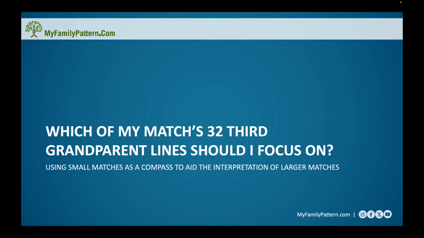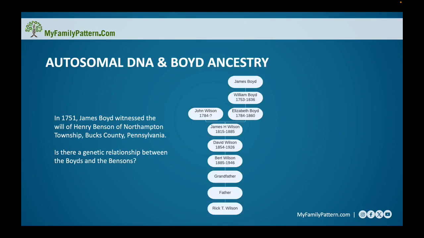So in my research, I am researching my Boyd ancestry, and I'm using DNA to do this. Outside of DNA, I discovered that my ancestor, James Boyd, was a witness to a 1751 will of a Henry Benson in Bucks County, Pennsylvania.